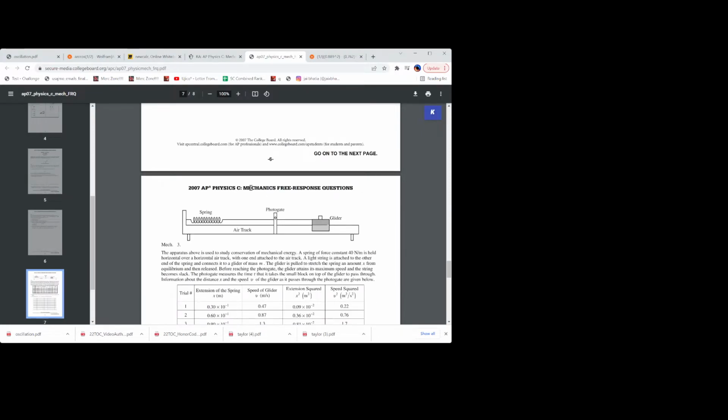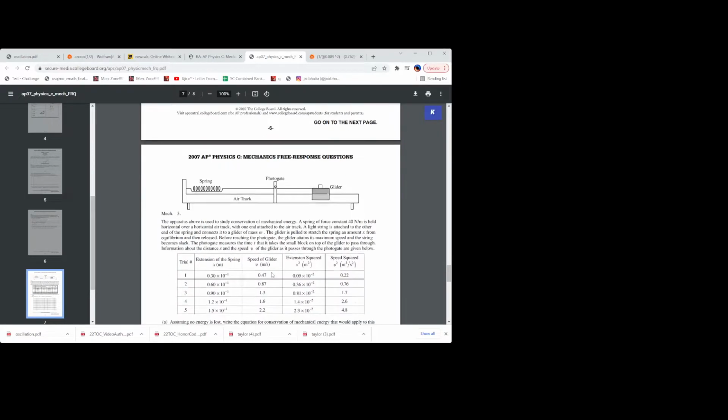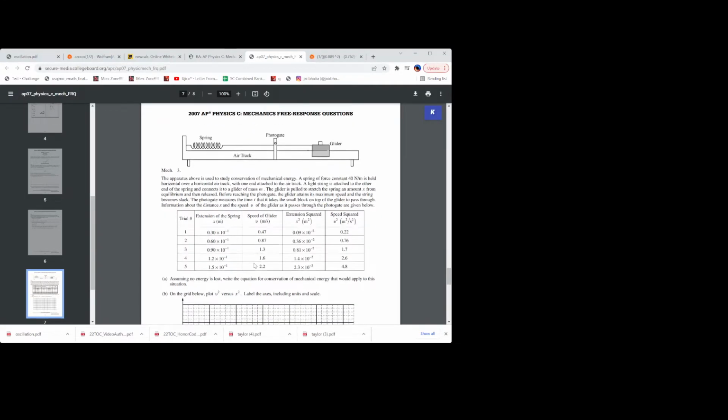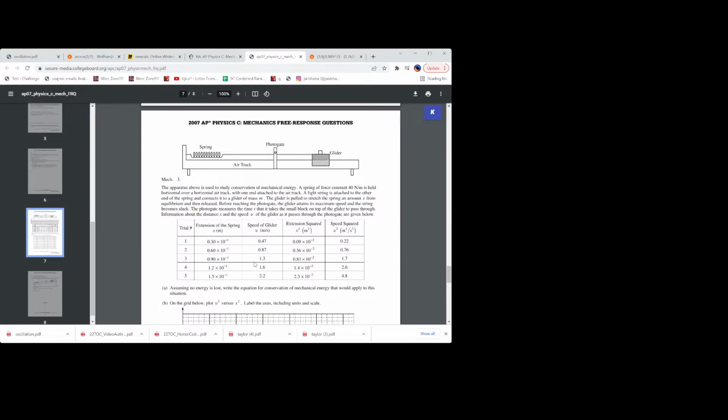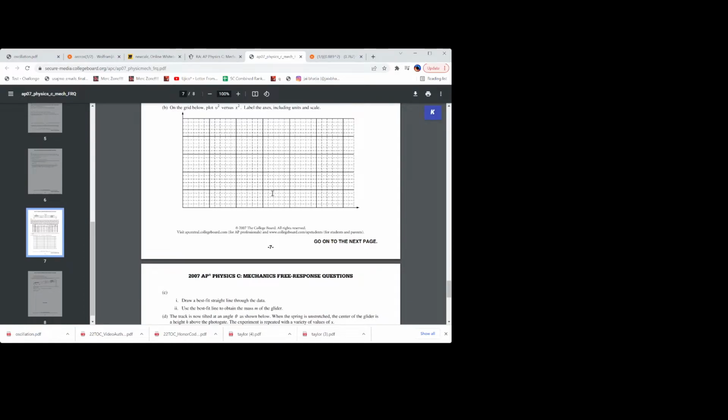Okay, some gravitation question. Oh, extension. Okay, this is looking good. V squared, x squared, best fit line. Wait, what? Huh? No. Come back. Okay, it's maximum speed, and the string becomes slack. No. What? Is there seriously no oscillation for this?